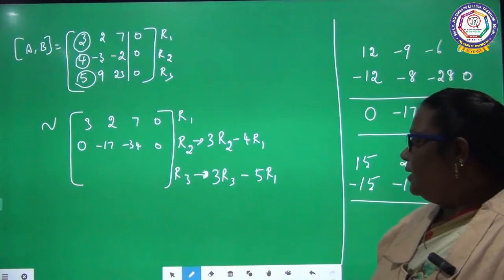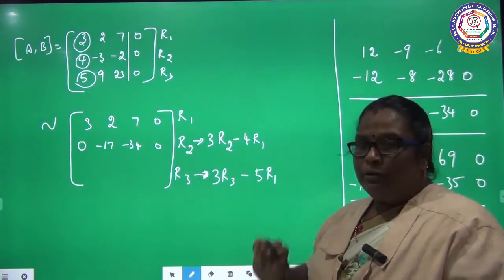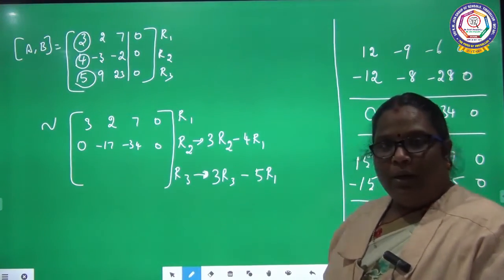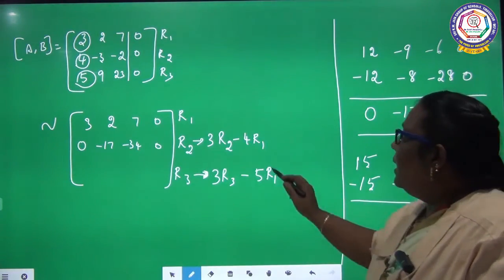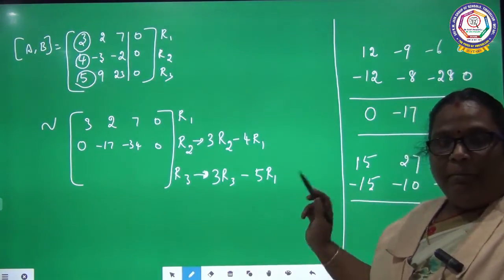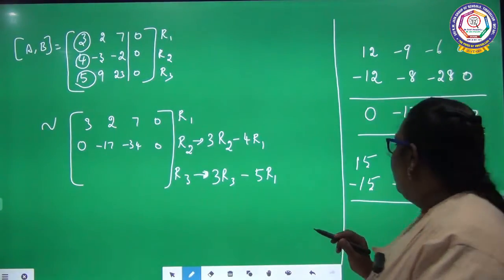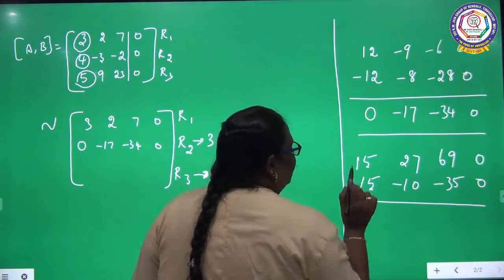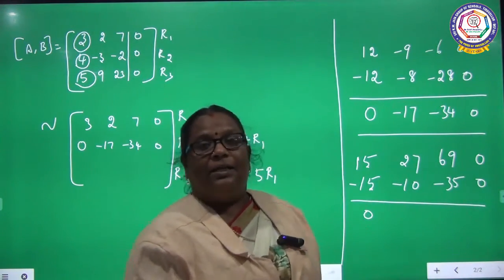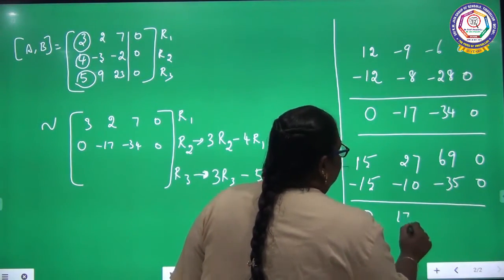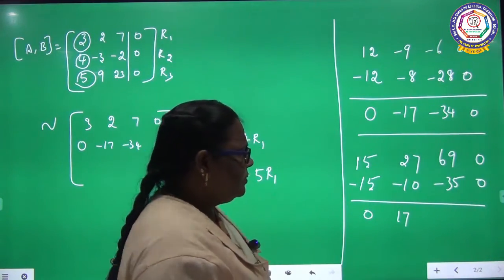Are you all clear? See, 15 minus 15, 0. 27 minus 10, 17.